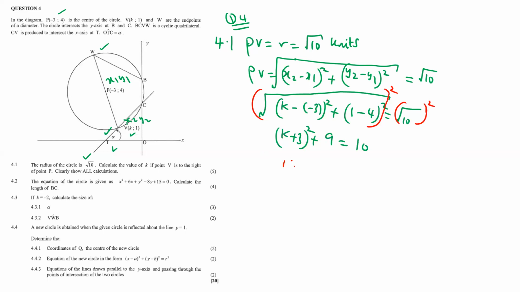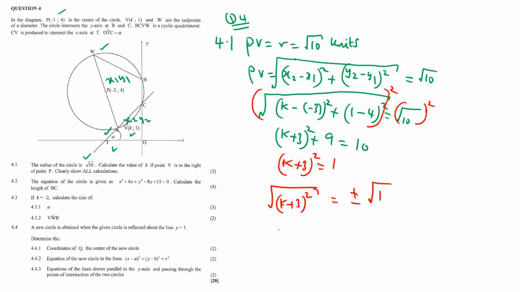Which means it's k plus 3 squared equals 1. At this point, you can apply the square root both sides, and then you put plus or minus.